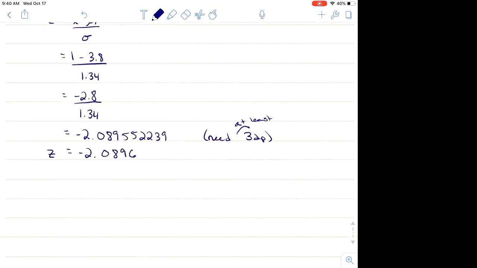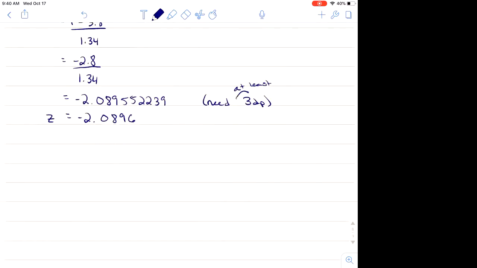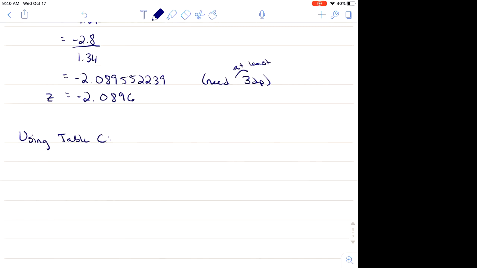Okay. So now I'd write a note to my marker using table C, to say where I'm finding this stuff. And I put the absolute value of my Z in the middle, Z equal to negative 2.0896.